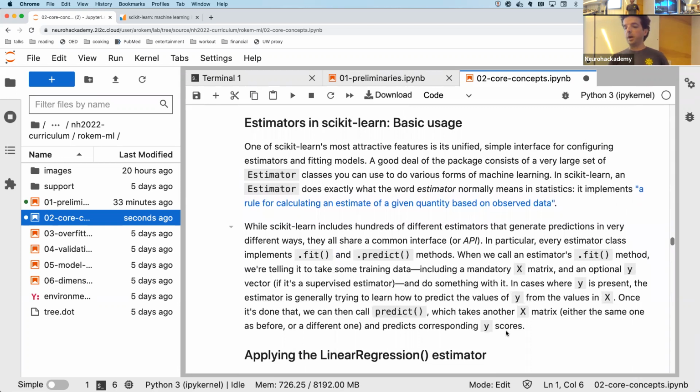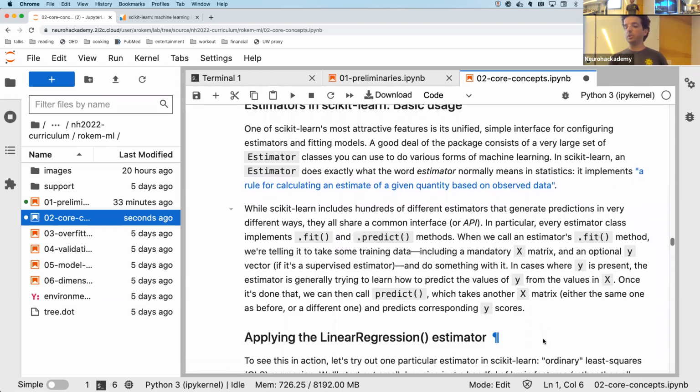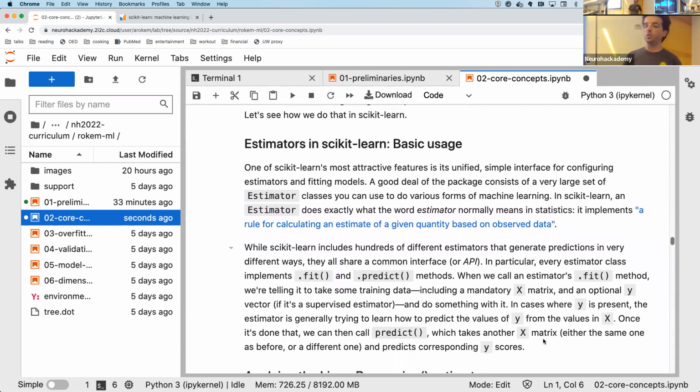Right. In Scikit-Learn, the way that this will work is that we will use one of a very large group of objects in the Scikit-Learn library that are estimator objects. Estimator classes also, those objects and classes in Python, those words mean similar things.